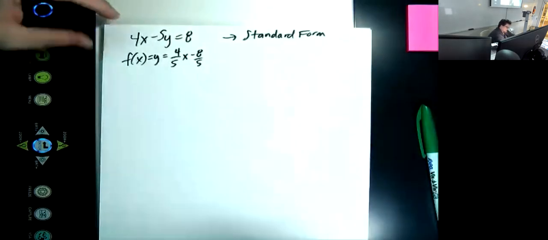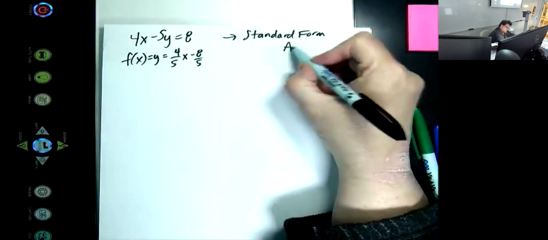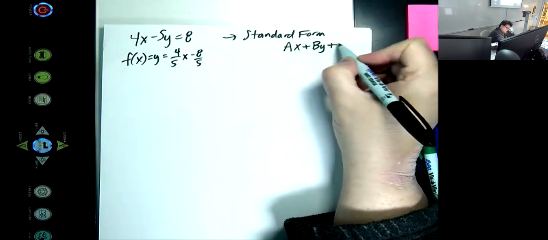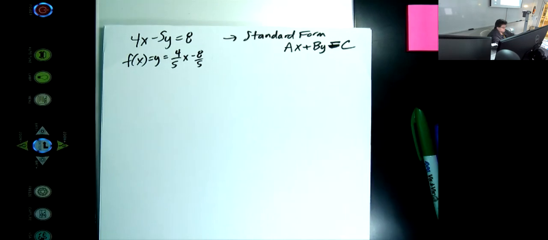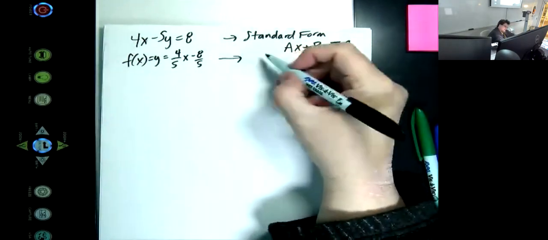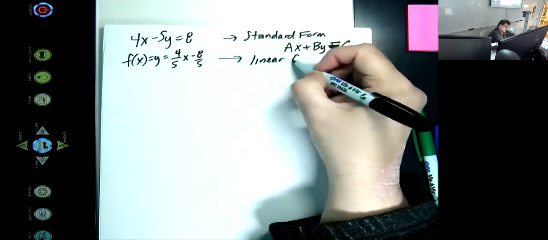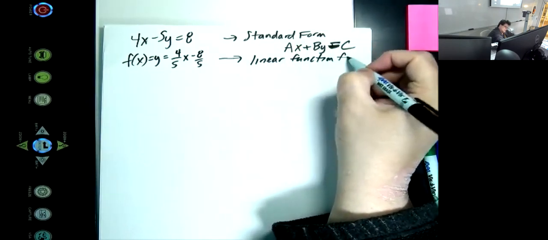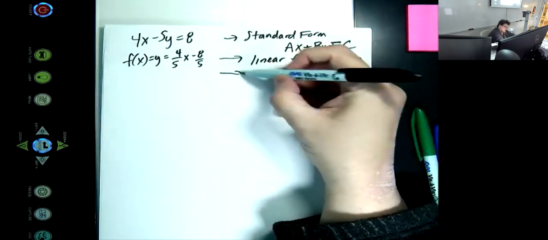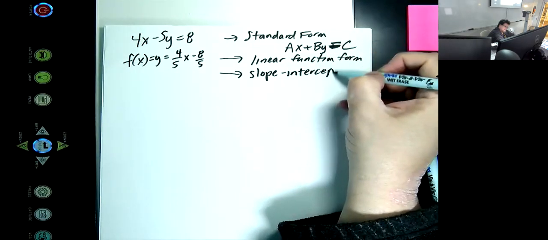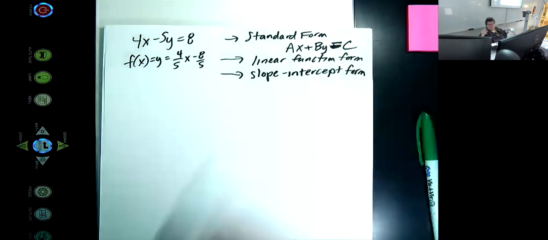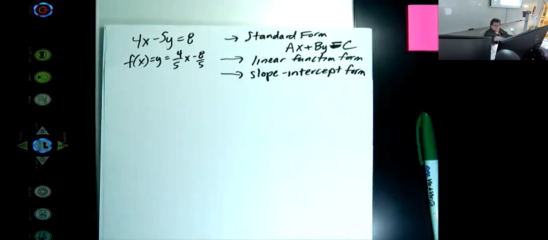We give a letter for all the constants and make it capital: Ax plus By equals C. And this is in linear function form. It's also in slope-intercept form if I leave the y in there. We're going to cover that today.